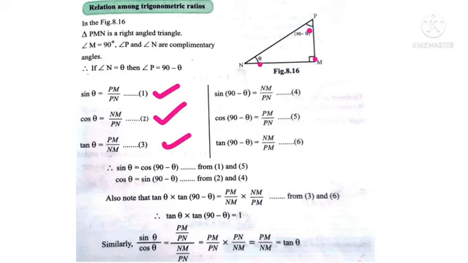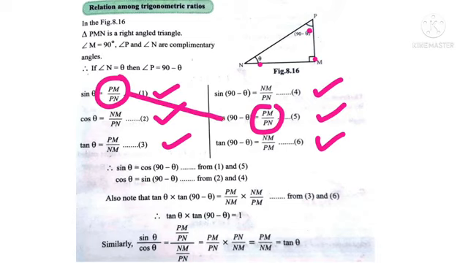Then sin 90 minus theta is equal to MN upon PN. Cos 90 minus theta is PM upon PN and tan 90 minus theta is equal to MN upon PM. From these you observe that PM upon PN appears in both, which means these two ratios are same. Sin theta is equal to cos 90 minus theta.